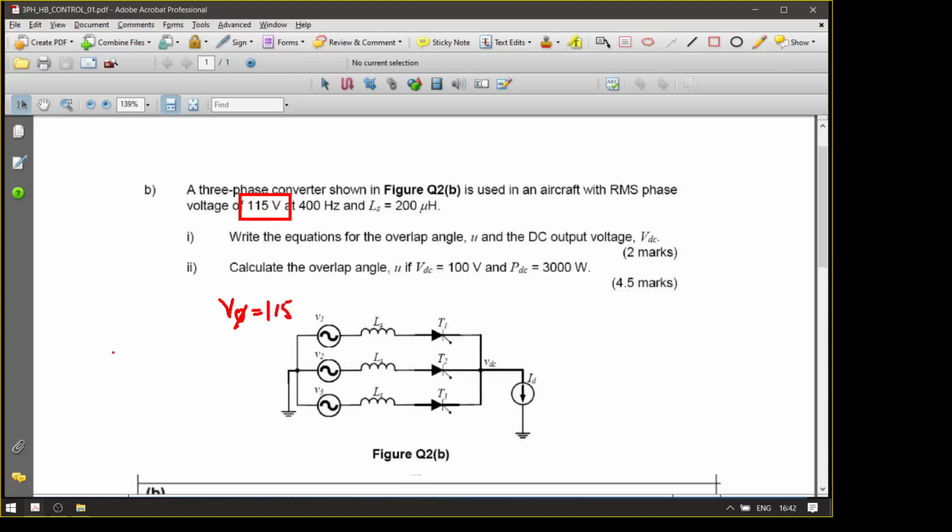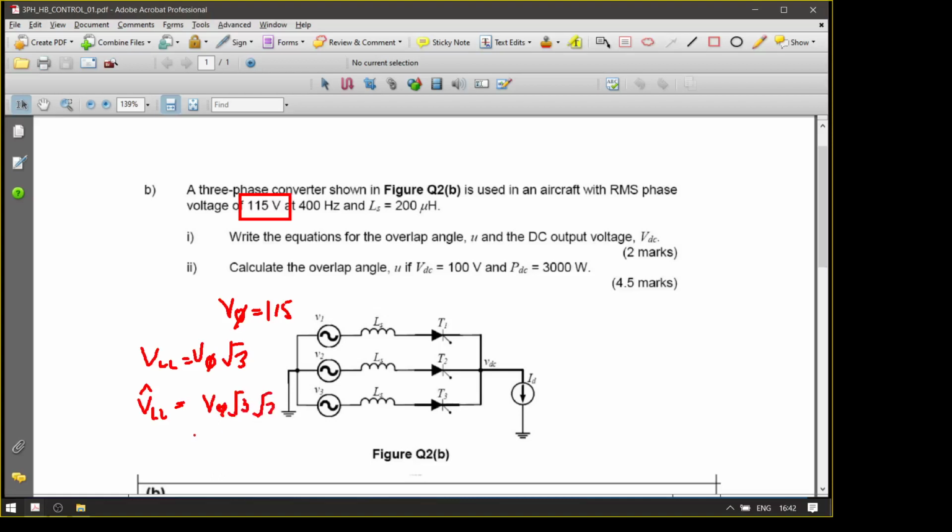If you want to find the line to line, you have to multiply: V line to line equals V phase RMS multiplied by square root 3. And if you want to find the peak value, you need to further multiply that by root 2, isn't it?